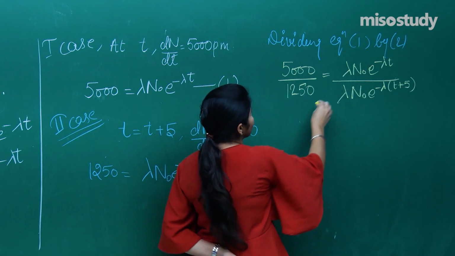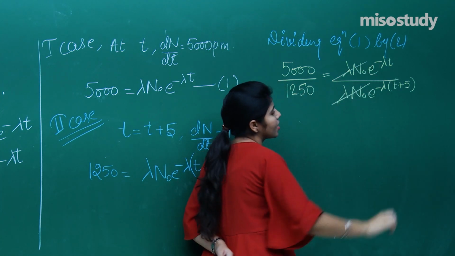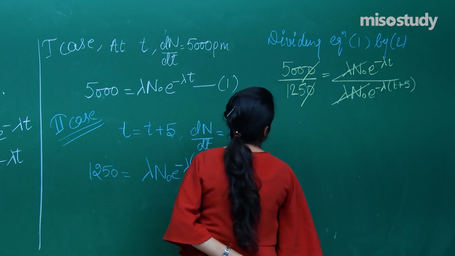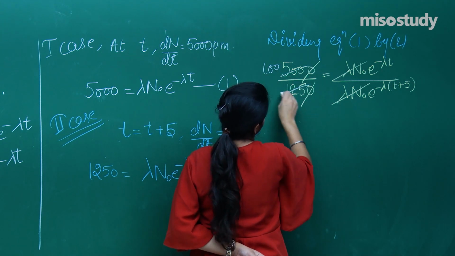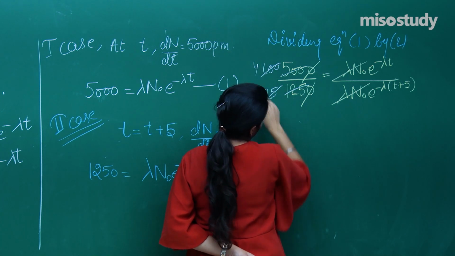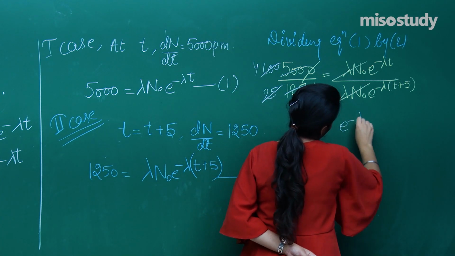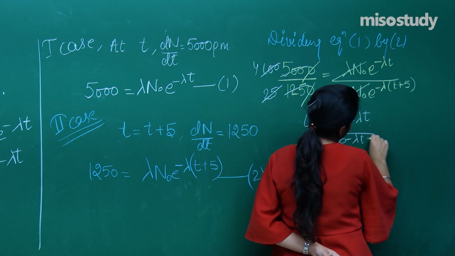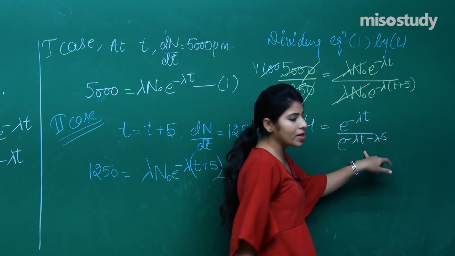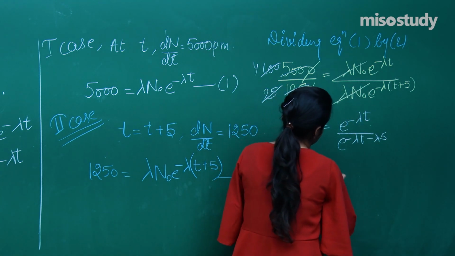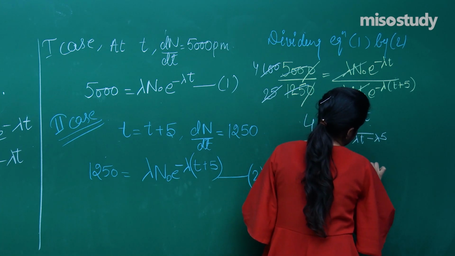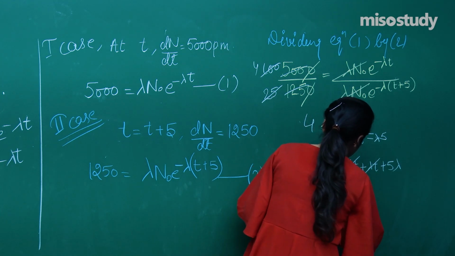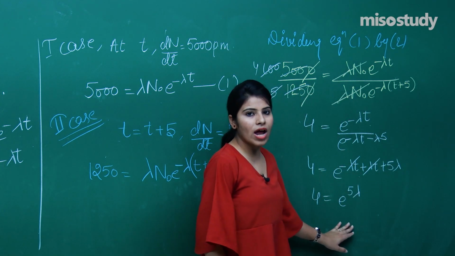Right? Now you can see over here lambda N naught cancelled. And if I solve this, you will see that it equals e raised to the power minus lambda t minus lambda 5, if I am opening the bracket. So this you are having with you.